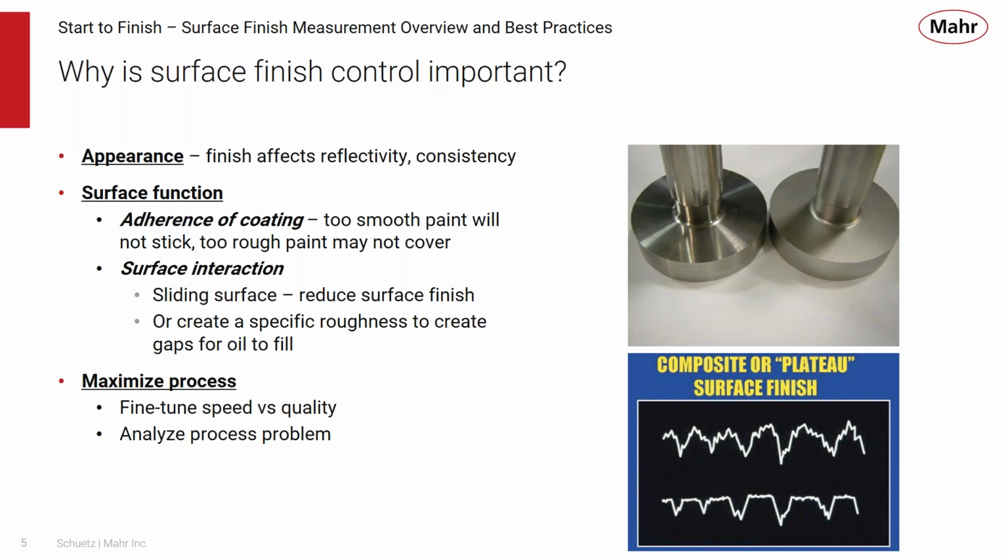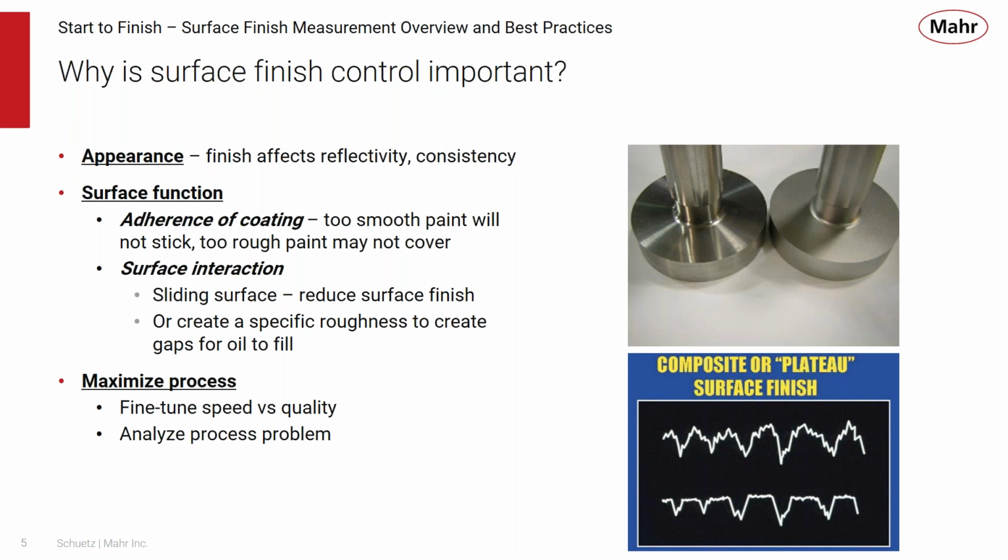Also, slide interaction is an important reason, how things move together. When you think about 2 surfaces sliding against each other, you would think that you would want a relatively smooth surface. But no, you may want to control the surface so that you have a nice bearing area, but there are some grooves in that surface to allow us to hold a little bit of oil.